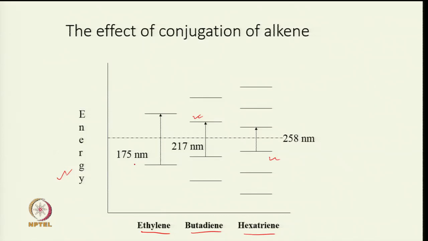It goes from 175 nanometer in ethylene to 258 nanometer in hexatriene. Now, we would like to see how we can explain this decrease in delta E and increase in lambda value. For that we need to understand the concept of the particle in a box.